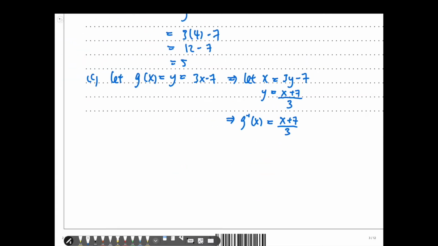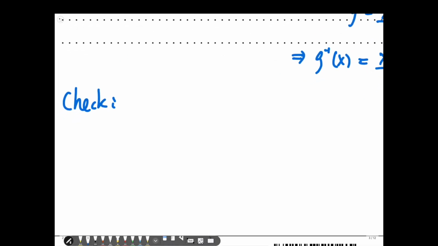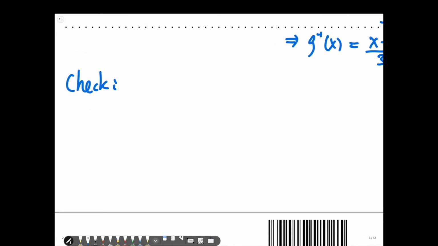So now I want to check whether it's correct or not. This part is for checking, so if you think you're clear enough about this concept, you can skip to the next question. I'll now show it to you. g of the inverse of g of x.